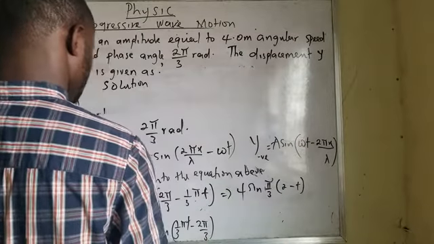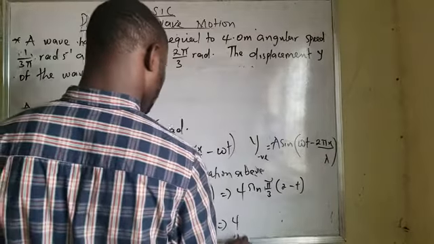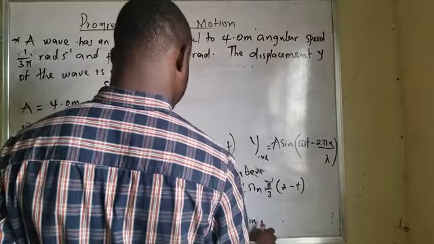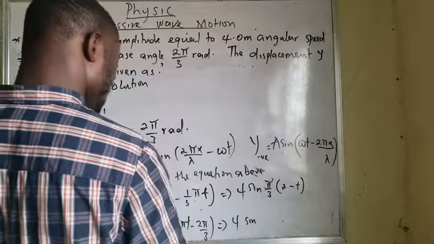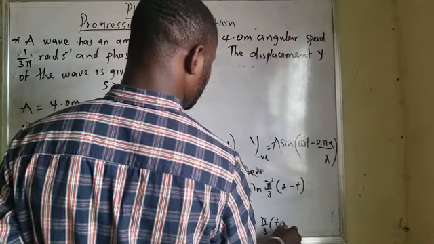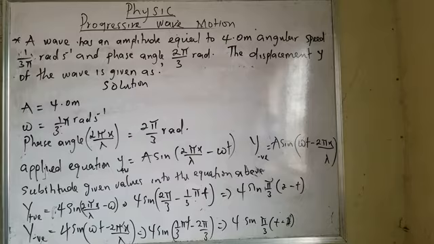Now, since I have that, it will now be equals to 4 sine. Pi will come outside. It means pi all over 3 bracket of t minus 2. That is just what I'm talking about.